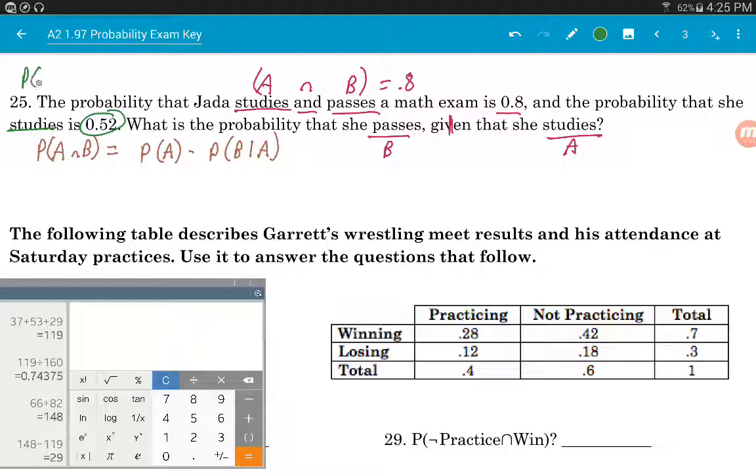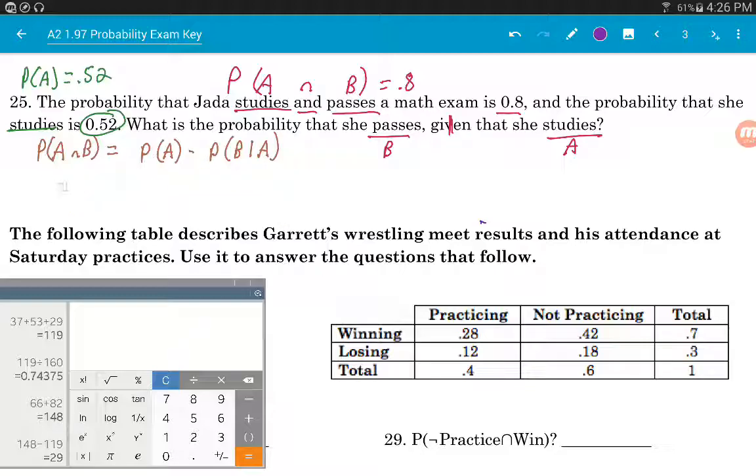So the probability of A equals 0.52. Forgot the P. Okay, so I know two pieces to this. Probability of A, and I know the probability of A and B. Now what do they want me to find? What is the probability that she passes given that she studies? So what is the probability of B given A? So they just want me to find what this is equal to.